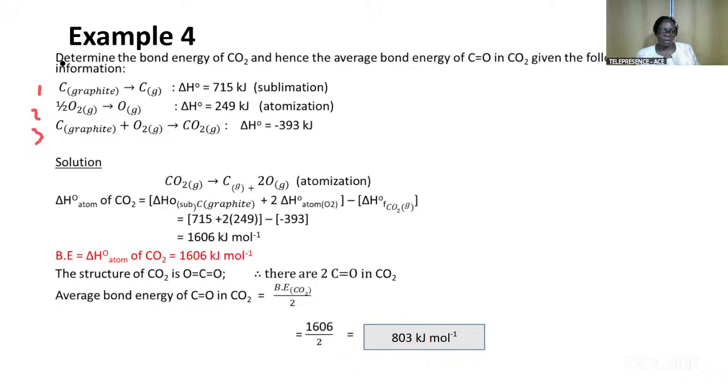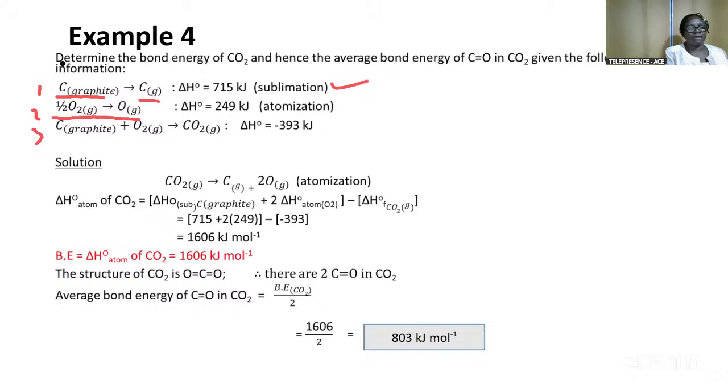In the first reaction, we have carbon in the form of graphite becoming carbon atom in gaseous state, and the delta H for that process is given as 715 kilojoule. If you look at what you have, graphite as solid and carbon as gas, that tells you that the delta H there is delta H of sublimation. And if you look at the second equation, it says oxygen gas giving you oxygen atom in gaseous state.